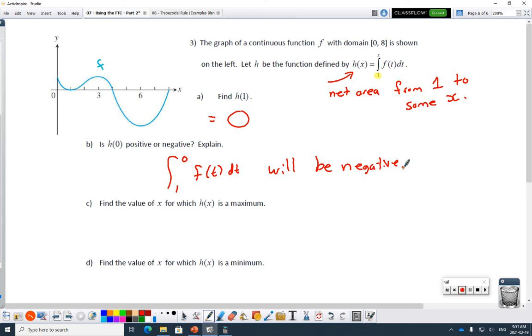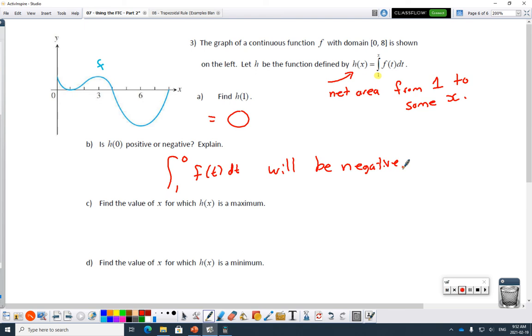Gets better. For what value of x would h at x be a maximum? Okay, let's see if we agree that as I make the x value bigger along here, we're going to be adding area all the way along there.